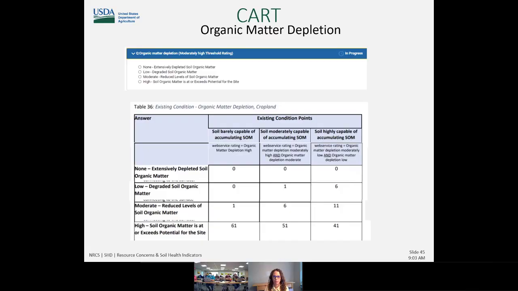So if it's barely capable, moderately capable, or highly capable, that's determined by the web service. And then based on the assessments, you would put it in the non, low, moderate, or high category.